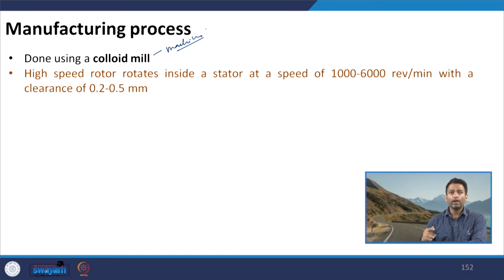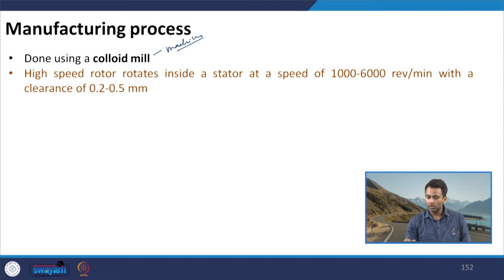In the colloid mill, we have a high speed rotor. So we have a rotor which rotates inside a stator, and the stator does not move. Once the bitumen, the water and the emulsifier solution come inside this stator, the rotor starts rotating and applies a very high shear rate.